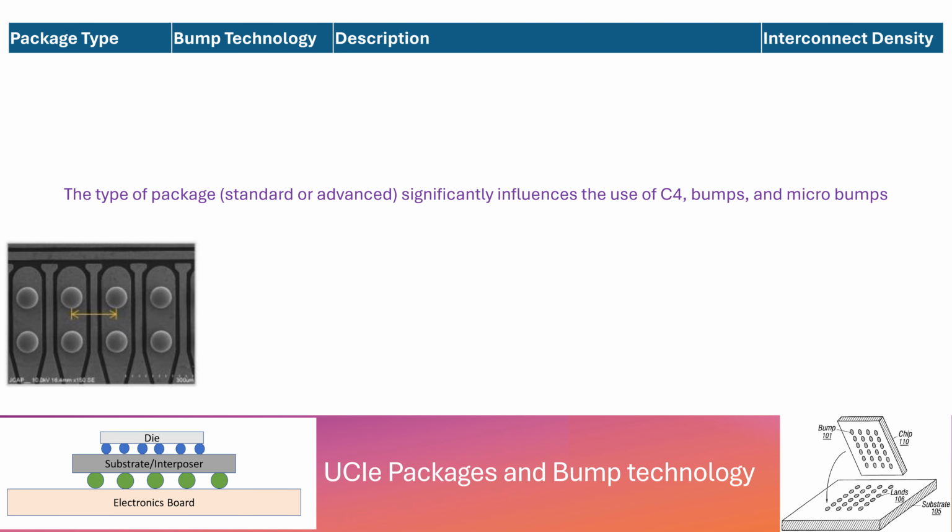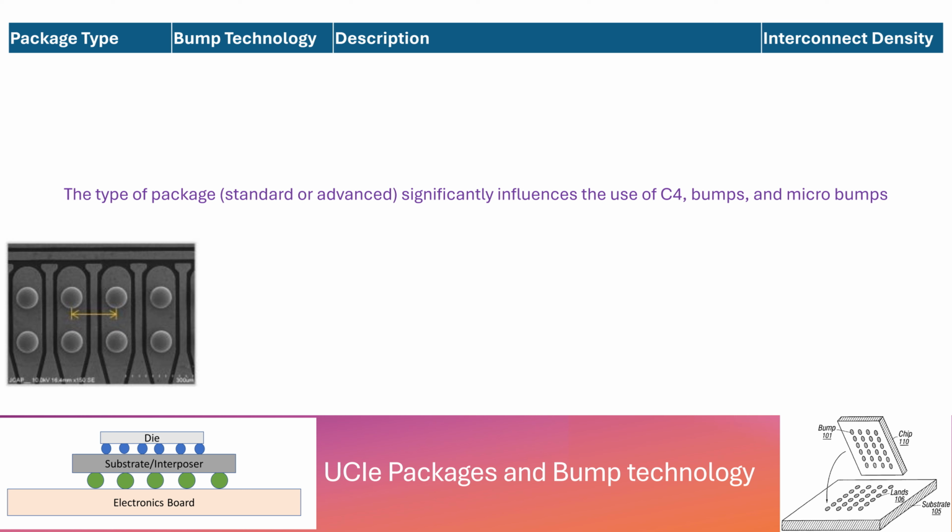Just to visualize, I'm using an image here. The bumps are the electrical connections between the substrate and the chip. They're like solder balls or solder bumps. The distance between the midpoints of two neighboring bumps is the bump pitch, and generally it is fixed.